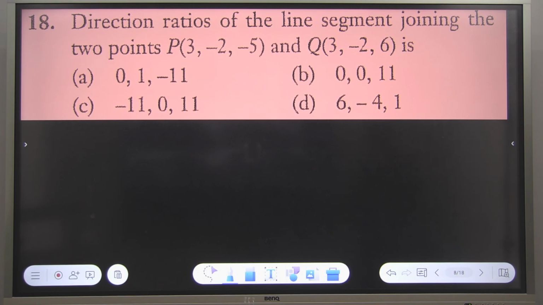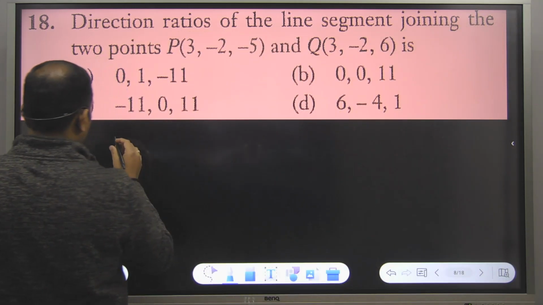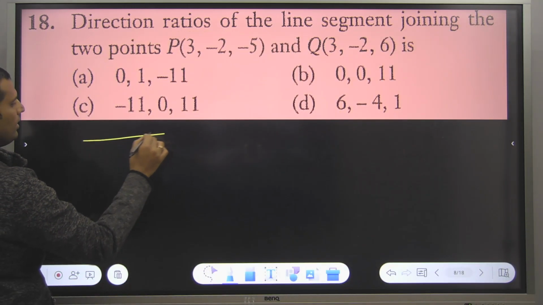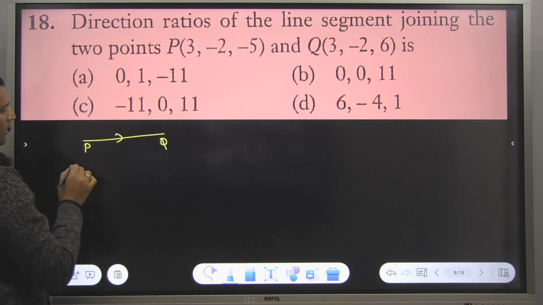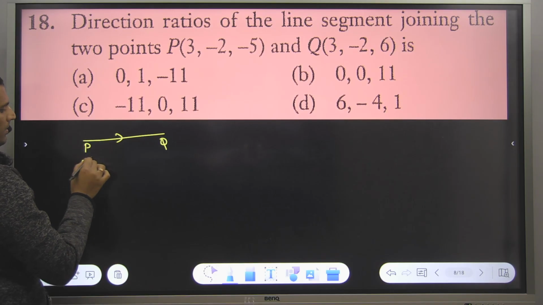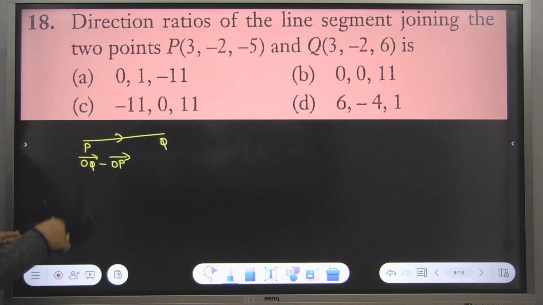What should you do? 3 minus 3, 0. Yes. How do you find the line PQ? Very good. The line segment PQ you get by subtracting OQ minus OP.